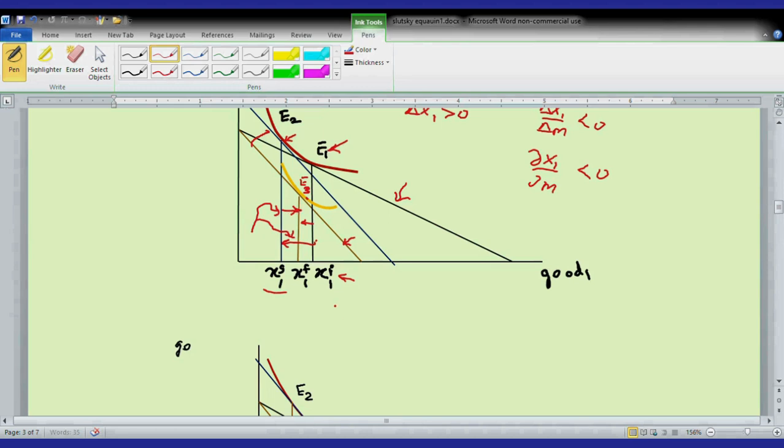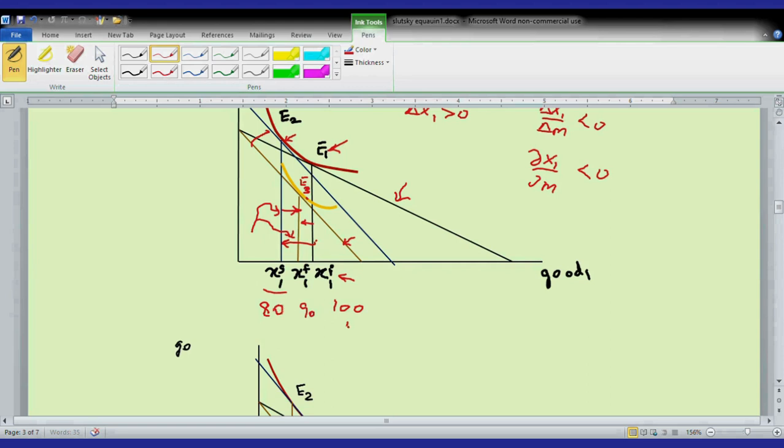So for example, this was equal to 100 initially, and the final effect is that you move from 100 units of consumption of good 1 to say 90 units of consumption of good 1. When you give compensation, you find that the consumption of good 1 is equal to 80.